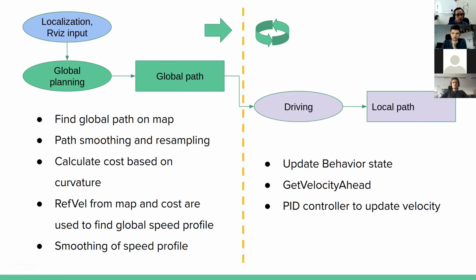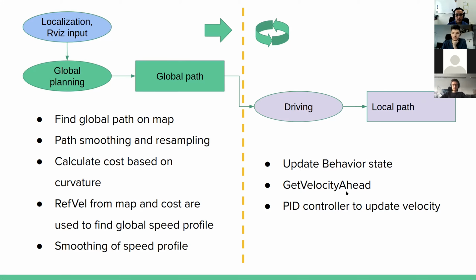Okay. So then when we engage, the driving starts. And this process is now iterative, so it constantly updates. We are extracting the local path there. Also, every iteration step, the behavior state is updated.